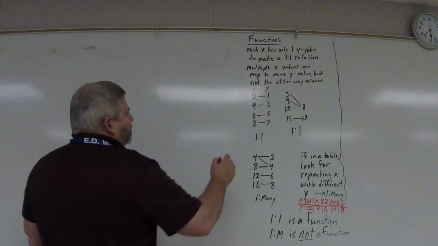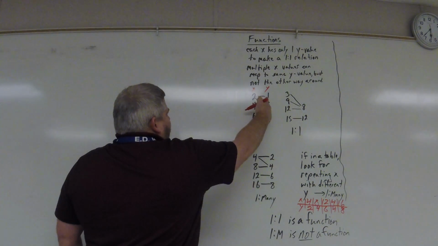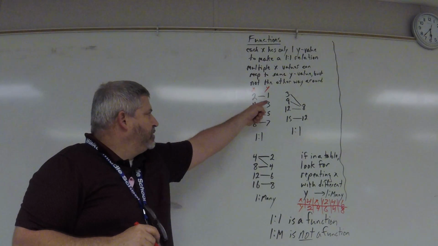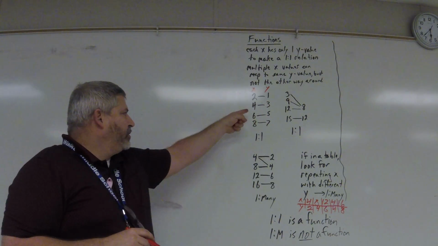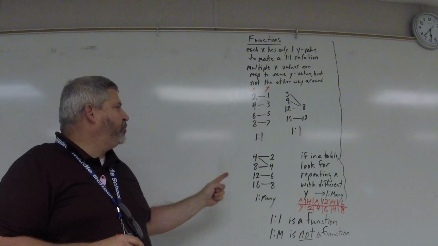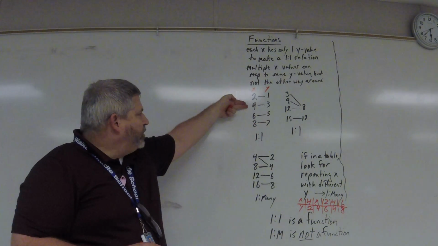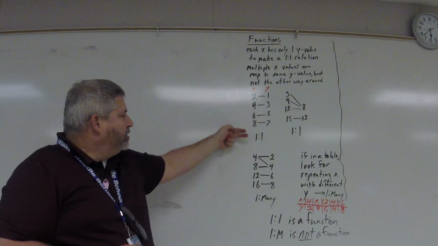If you notice, this x has one output. This other x has one output. That x has that output. This x has this output. We don't have the same x values.